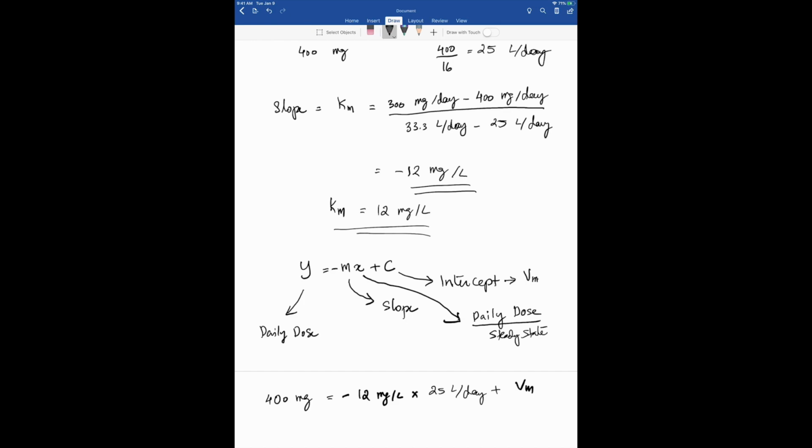Your Vm is going to be equal to 400 milligrams per day plus 12 times 25, which is 300.